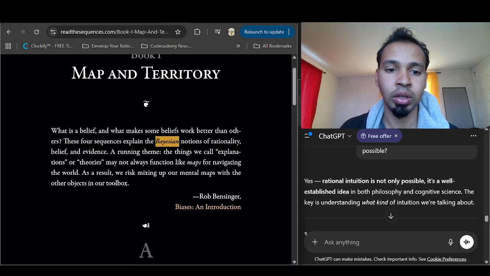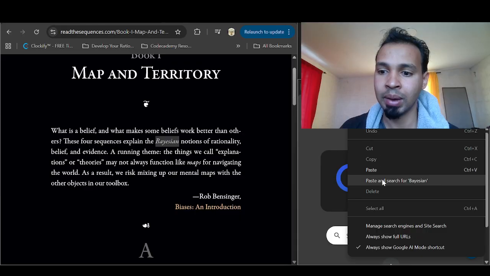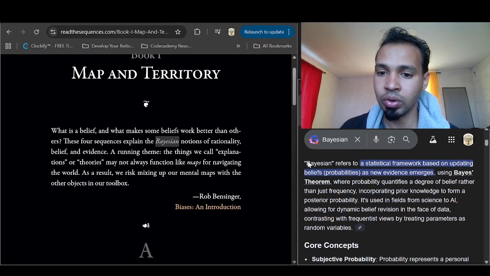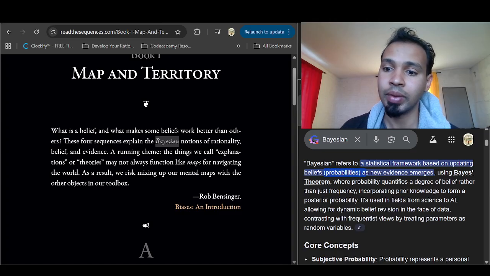And so we can quickly look up what he means by Bayesian. I think it's named after someone, but I think it's a statistical tool. According to Google, Bayesian refers to a statistical framework based on updating beliefs, probabilities, as new evidence emerges, using Bayes' theorem, where probability quantifies the degree of belief rather than just frequency, incorporating prior knowledge to form a posterior probability.